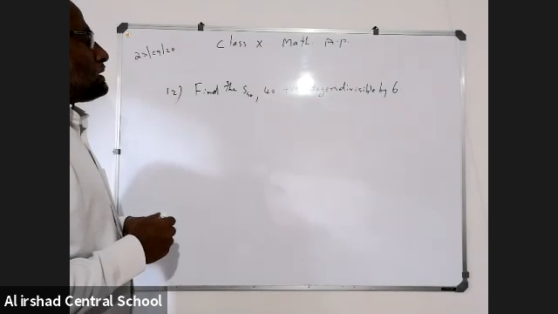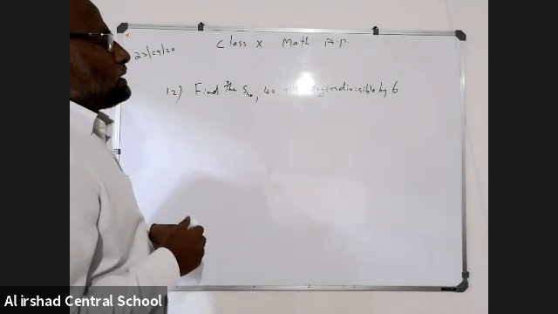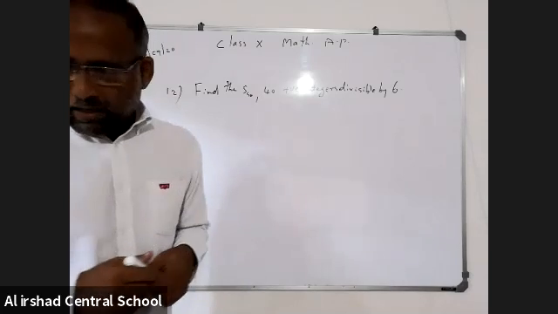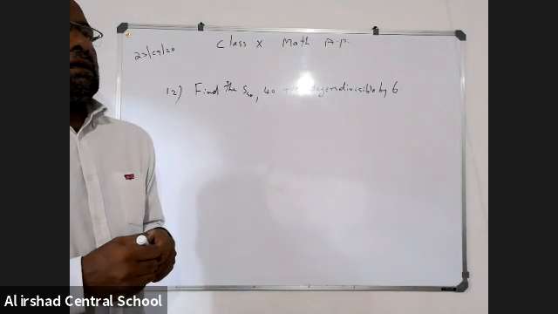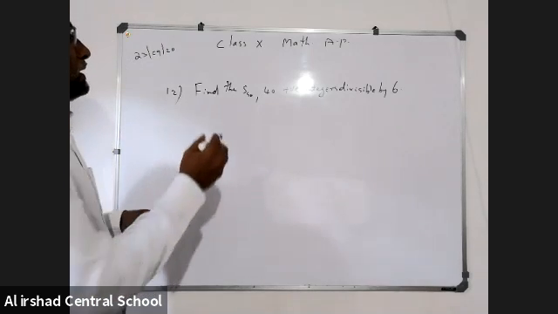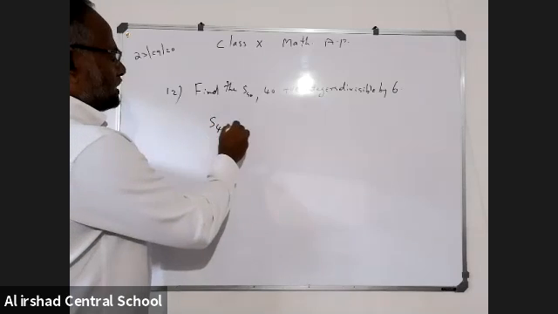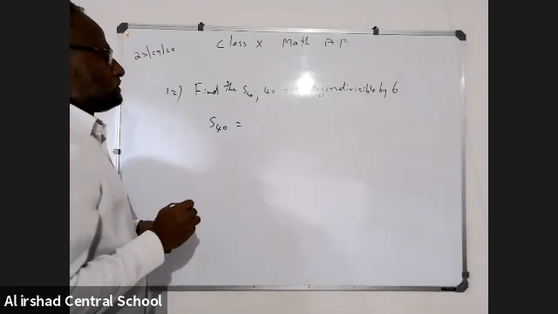Find the sum of first 40 positive integers divisible by 6. We need 40 positive integers. That means S40. You have two formulas with you.